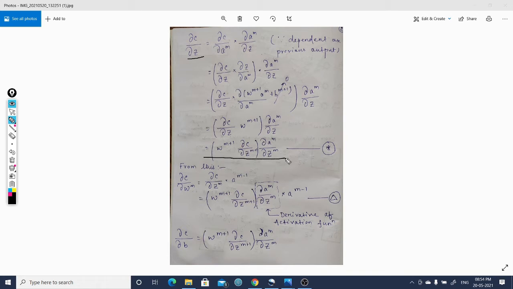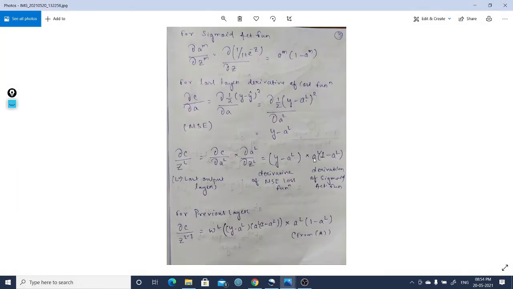Only for the last layer, dC by dZ will be calculated using this formula, but the previous layers will be calculated by that particular formula that I have already shown you.